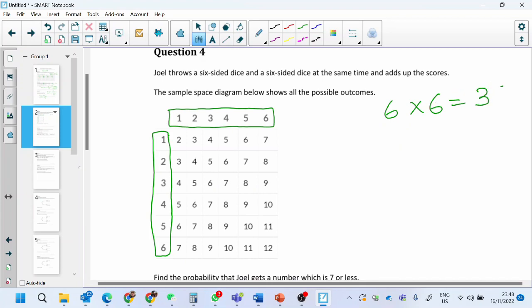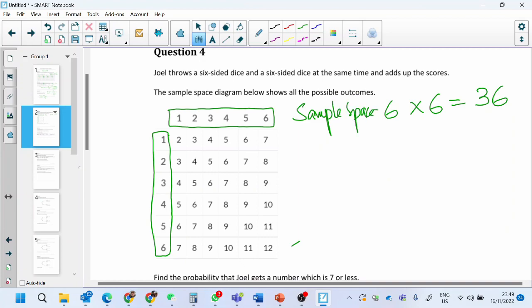So we have 36 sample spaces here. The total possibilities are 36. When we roll two dice, both with six sides each, the sample space available with us is 36.